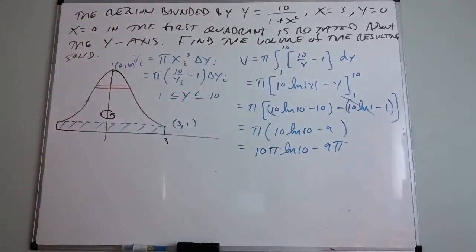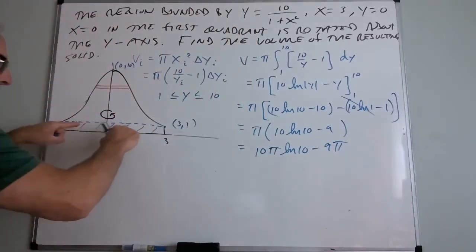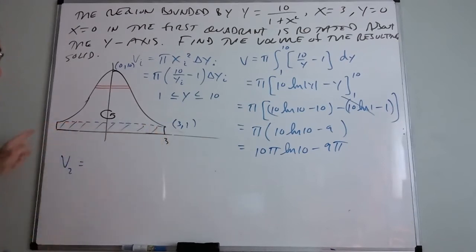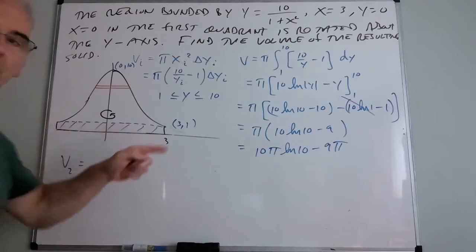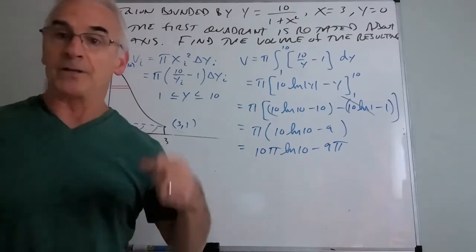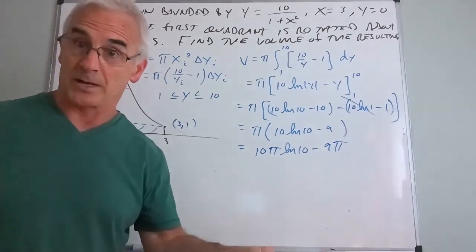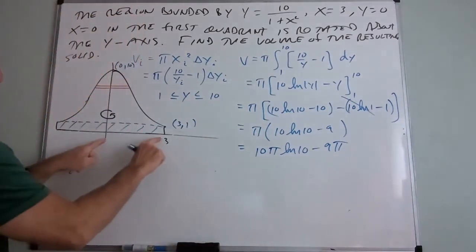Okay, now we still have to add that piece. So let's call that volume 2. But I don't need to use calculus to find that piece. That's a solid circular cylinder. Its volume is pi r squared times its height. Well, what's the r? 3.